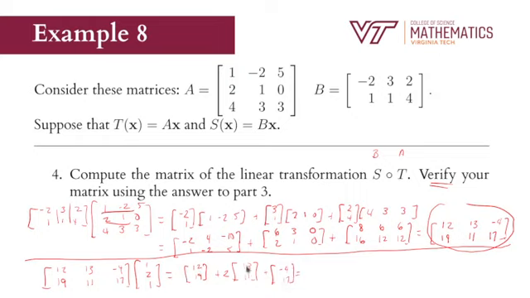Is 12 plus 26 is 38. 38 minus 4 is 34. 19 plus 22 is 41. 41 plus 17 is 58. And that checks. And so matrix multiplication does give me the transformation of the composition S of T.